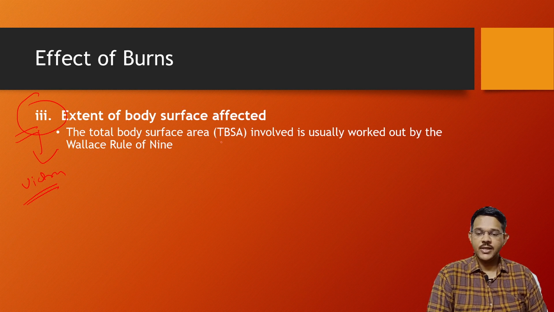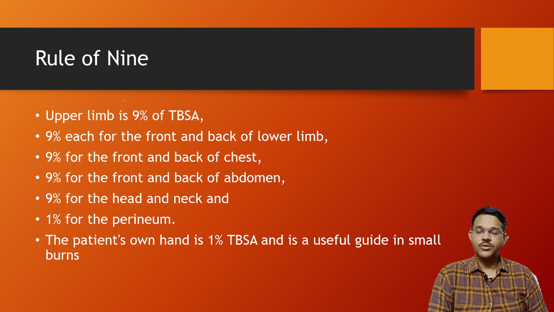This is calculated by use of the rule of 9, also called Wallace rule of 9. So total body surface area involved is worked out by the rule of 9. In this rule of 9, each upper limb is 9% of total body surface area, and 9% for each front and back of the lower limb.